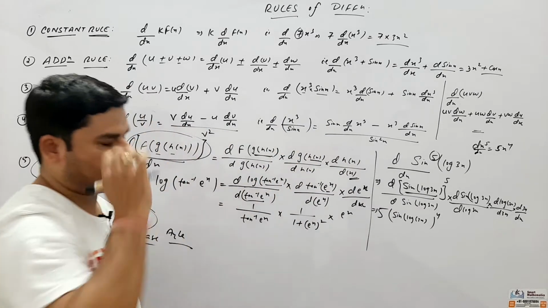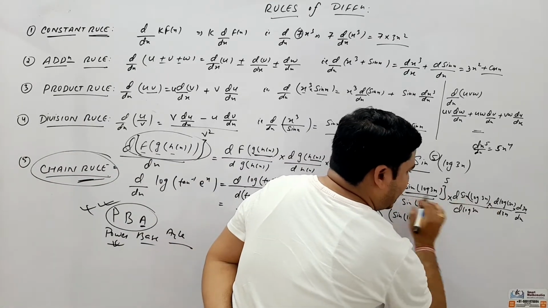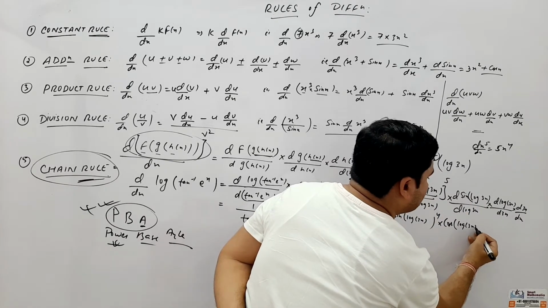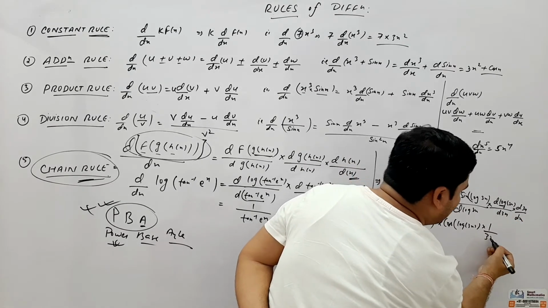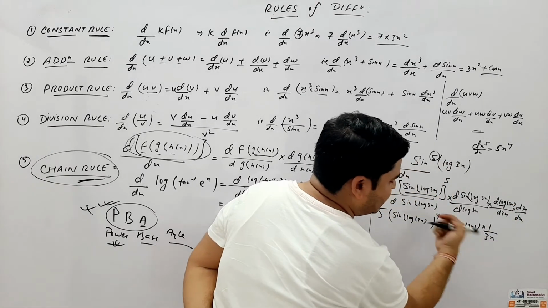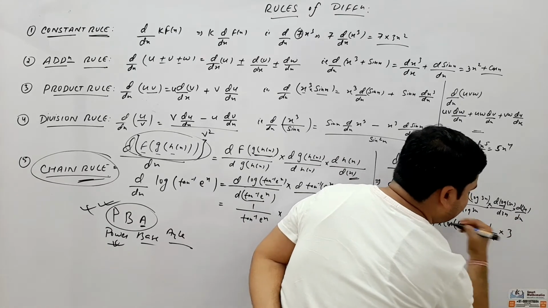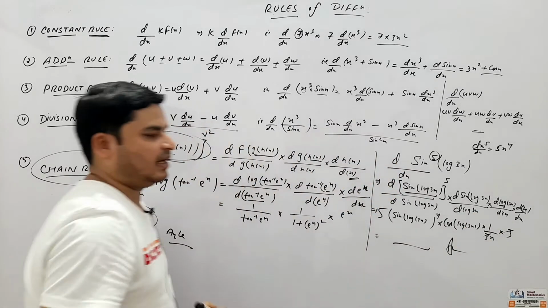This is the differentiation of the first term. Next term is for the trigonometric function sine. Differentiation of sine x is cos, so you will write cos log 3x as it is. Next term is the log function. Differentiation of log x gives you 1 by x, but this time your angle is 3x, so it would be 1 by 3x. And for the last step, differentiation of 3x gives you 3. The 3s get cancelled to get the final answer. This is our final answer.